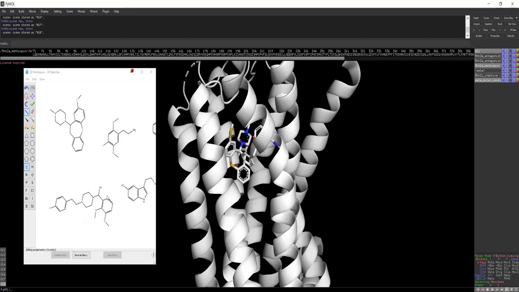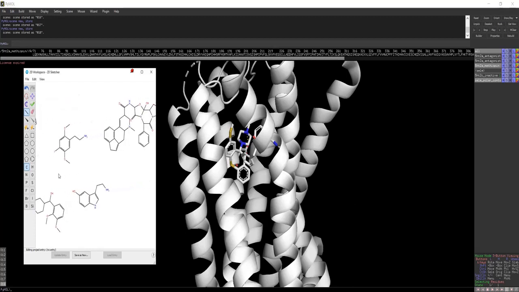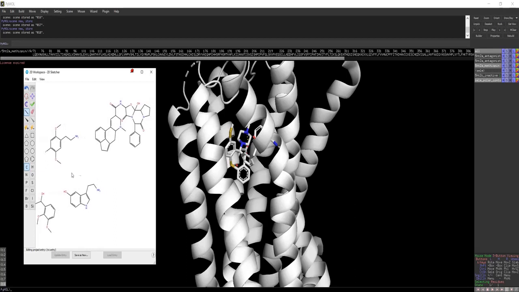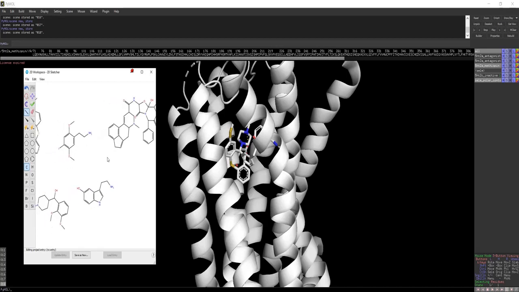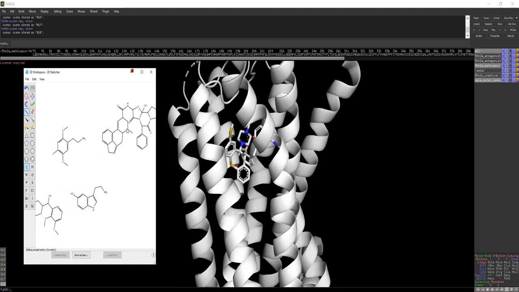We see this with antagonists such as methiothepine up here and MDL 10907 down here. And we have this as well with our agonists. You have serotonin, you have your phenethylamines, and your ergotamine as well. All have this nitrogen within a particular distance of the aromatic.